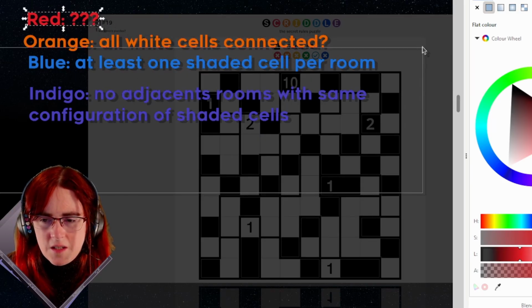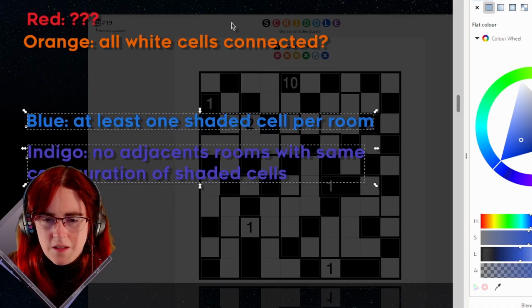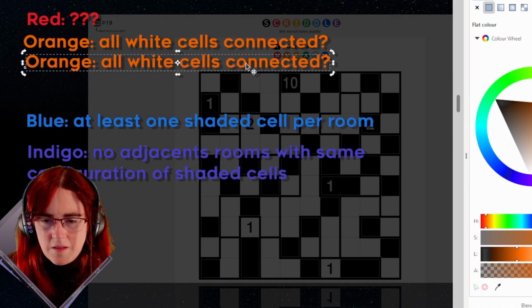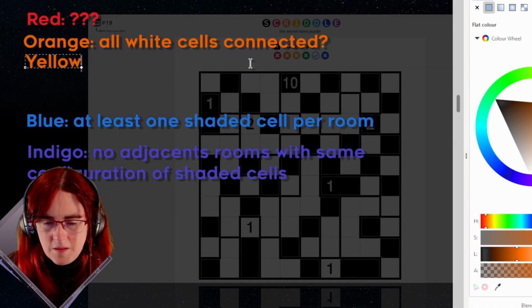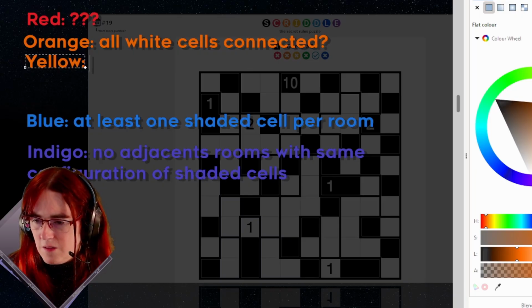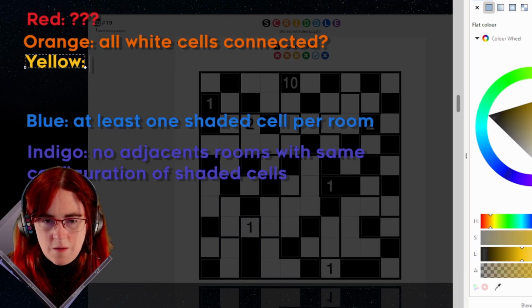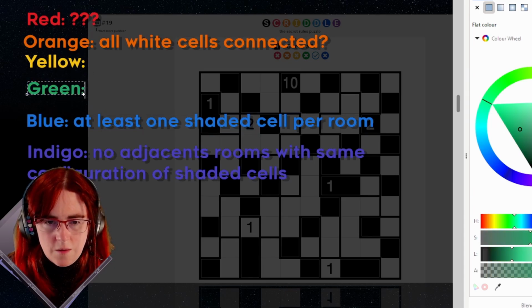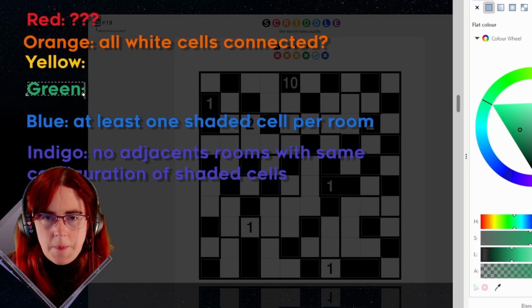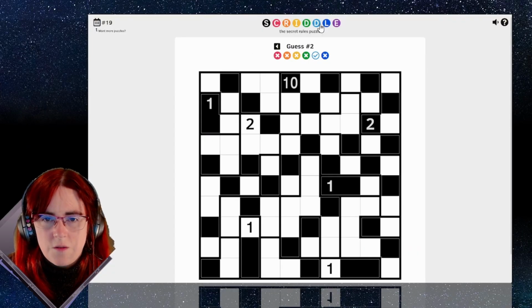So we're going to go yellow and green. That'll do. What did we have here?